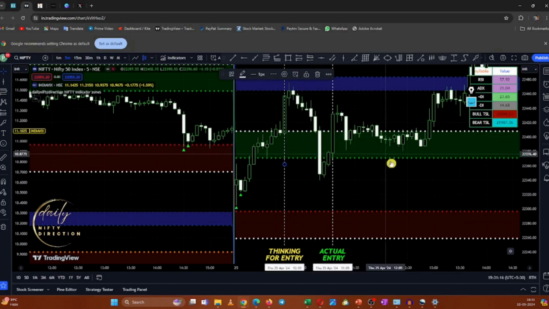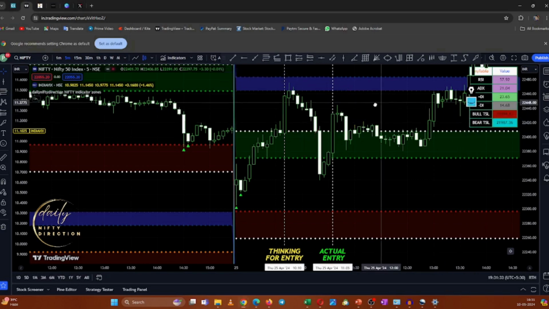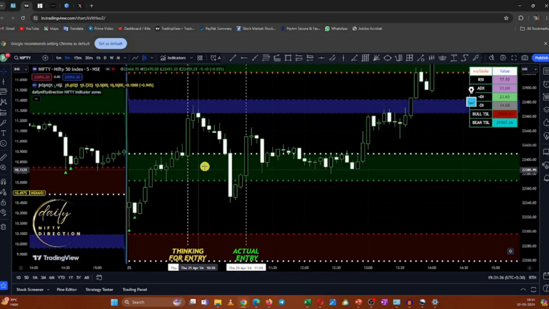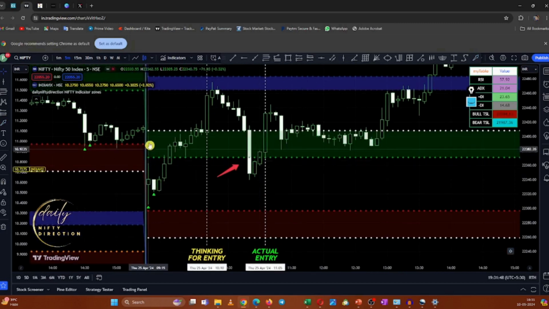You were waiting for it to come and retest my zone and I will go for a bullish trade. You were waiting for this to happen, but suddenly a big volume candle appeared and broke your zone, and you are now confused whether it is going to go down or up.